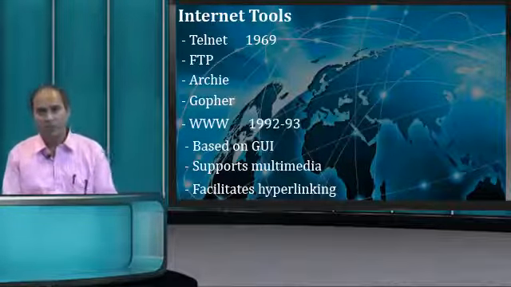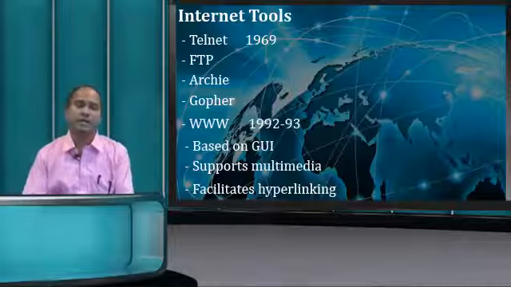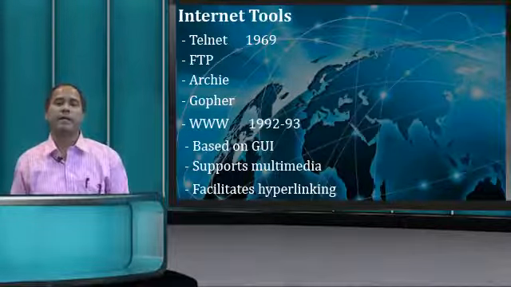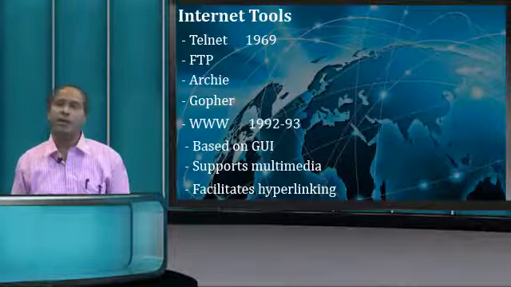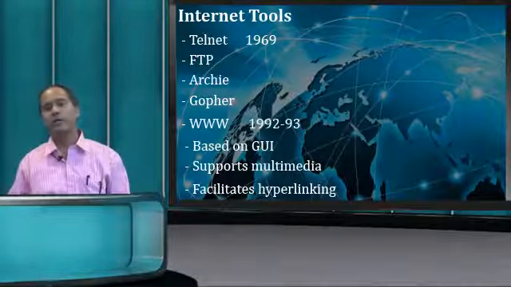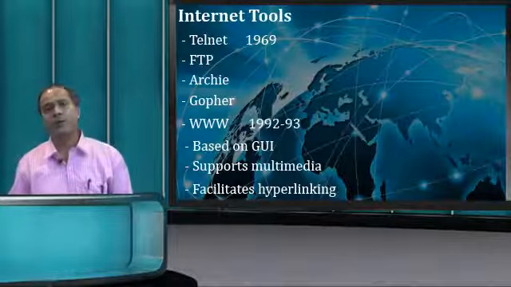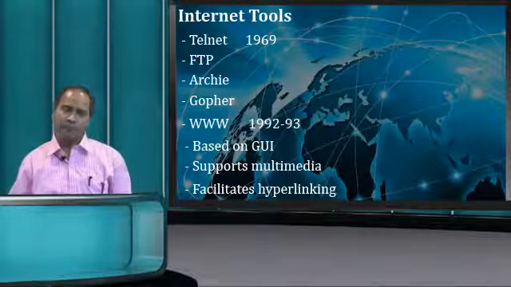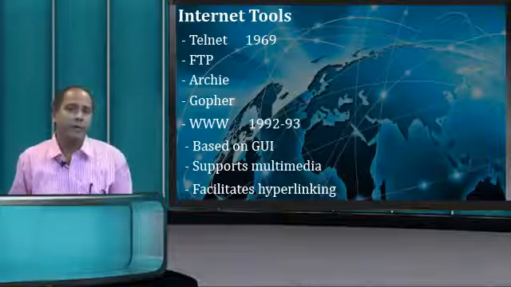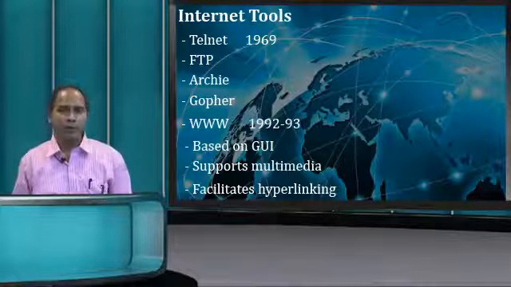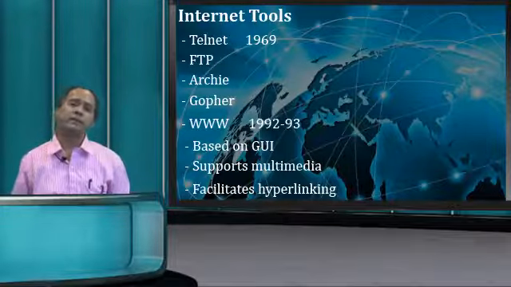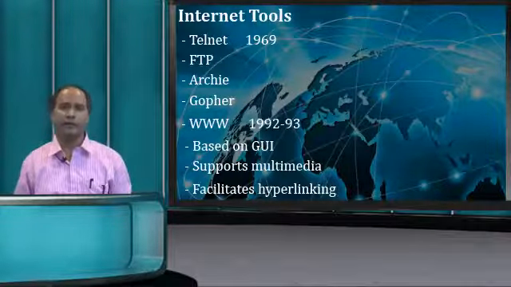So because of these epoch-making features as provided by the World Wide Web and as developed by Tim Berners-Lee, internet became very popular in the public domain. Because previously internet was mainly used by the scientists, engineers, academia, researchers. Now after 1995, internet came into the public domain. So users in general can utilize different services offered through internet.